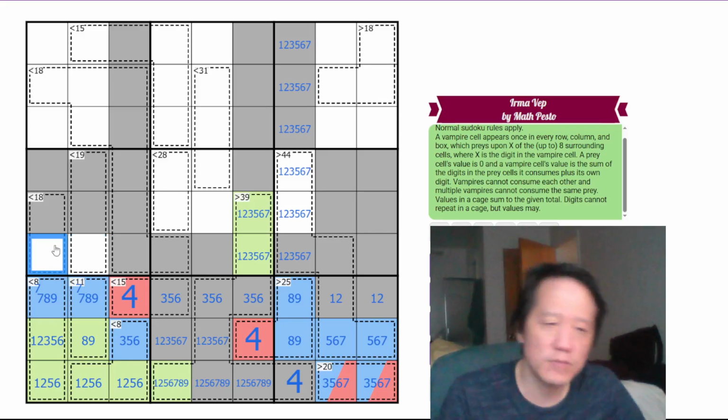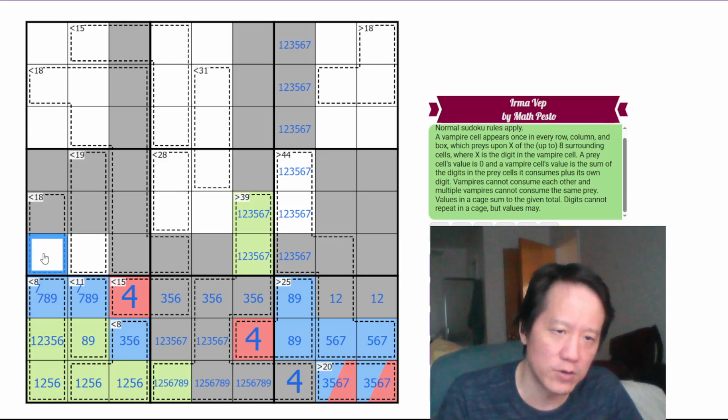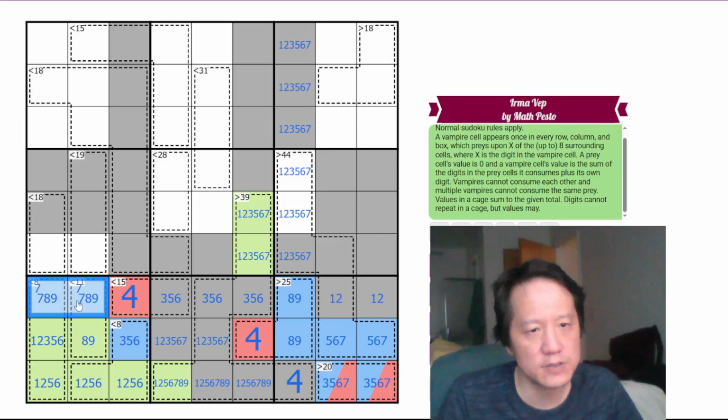But if this were the vampire, it has to either pull from this. So if this is 2 and this is 7, 8, this would be 1 at minimum. So that would be 1 plus 2, 7, 8, which is already 18. So this cannot be the vampire, which forces this to be the vampire.